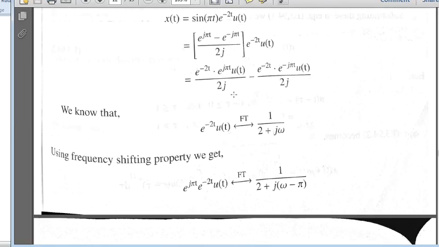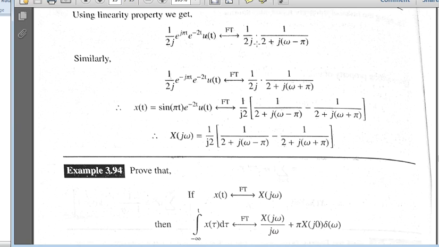So the Fourier transform of this all is this much multiplied by 1 by 2j. And for this one, it would be 1 divided by, similarly, 2 plus j omega. This has to be plus. So it is 1 divided by 2 plus j omega plus pi.